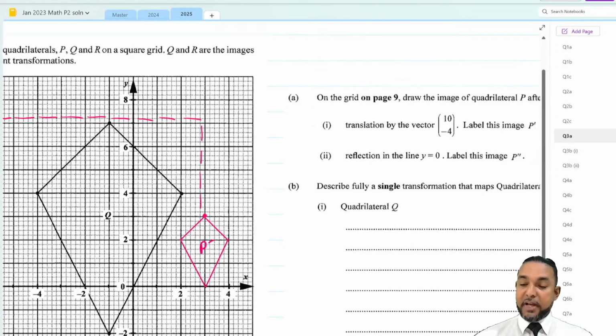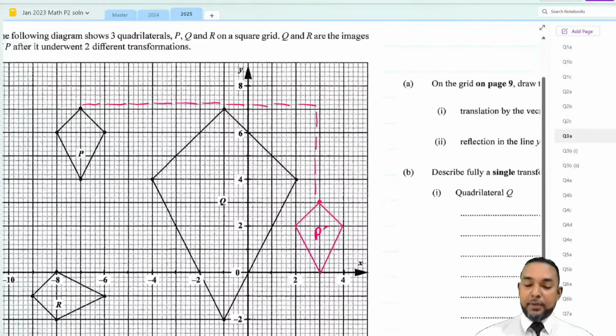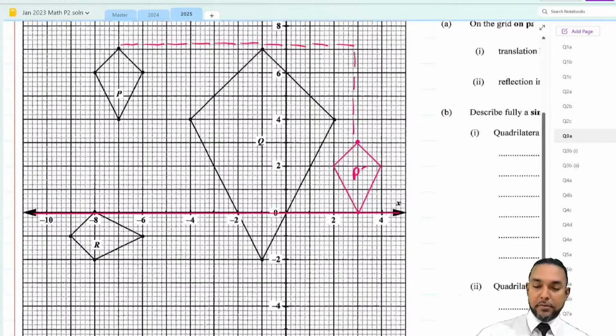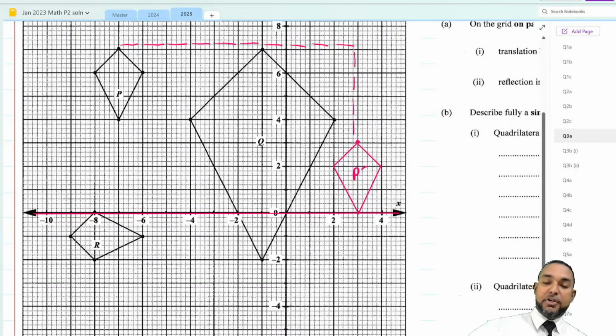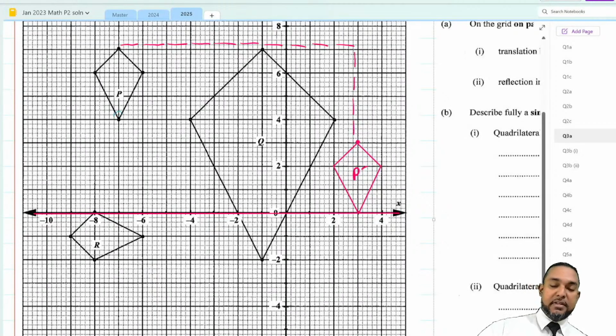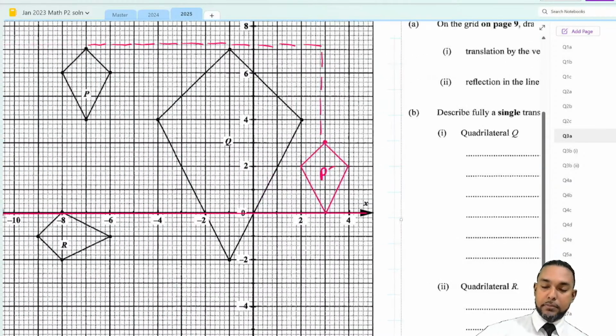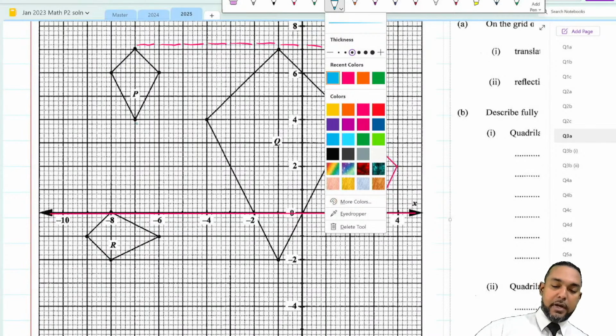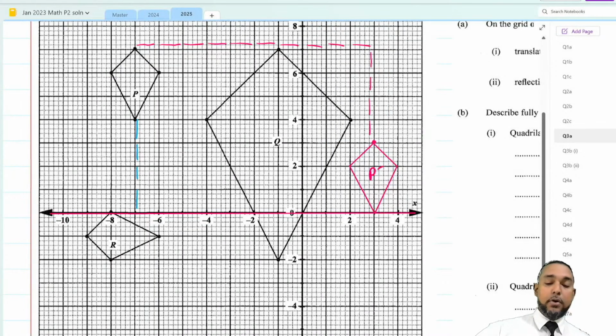All right, now they also want a reflection in the line y equal to 0. The line y equal to 0 is the x-axis. Now, the reflection in the x-axis. Let's take this point. You have 1, 2, 3, 4 spaces, perpendicular spaces between this point and the axis.